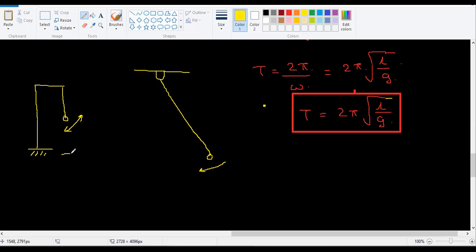So the time period here will be large, because it will take more time to finish the oscillation. So as L increases, the time period will also increase. Any questions, anybody?